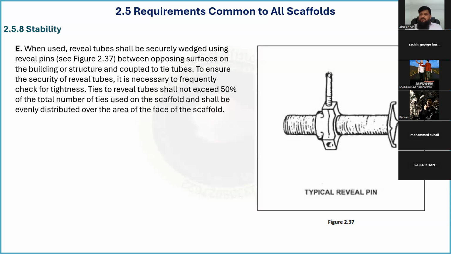Almost, it's like a screw jack, but definitely it's a revel pin, a component of revel tie. So revel tube, the tie tube will be here, and we tighten through, we screw it or we jack it out to fix it between the opposing sides.